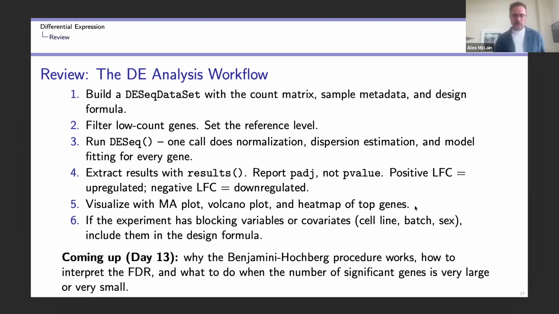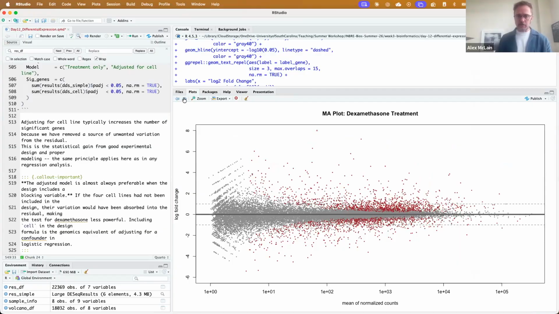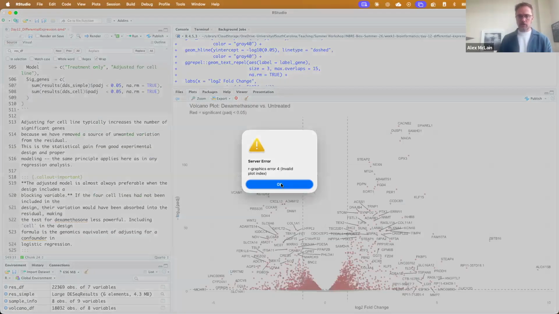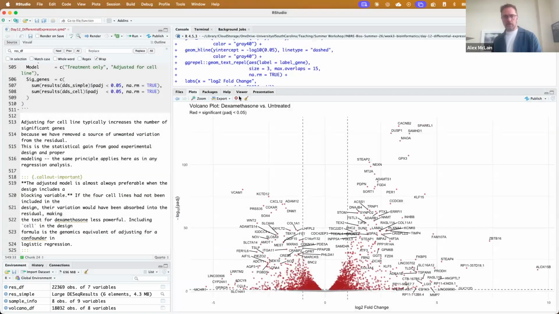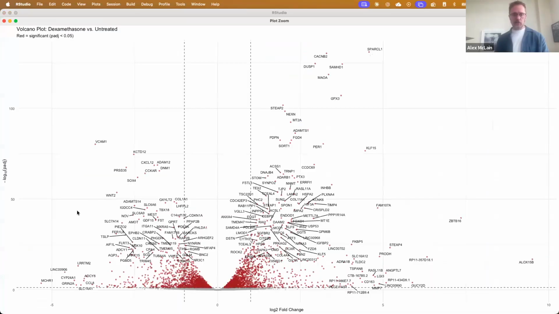I think these all have different uses. The volcano plot, I think, is one that's really useful if we want to identify some genes for following up, because it shows us both the effect size, the log 2 fold change, and it shows us significance. So we want to see things in this top right and top left corner.